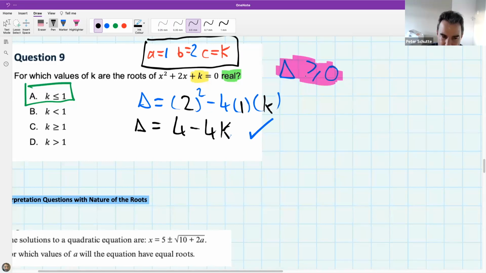So now, if the roots are real, delta is greater than or equal to 0. Give me a thumbs up if you understand this bit here. So when the roots are real, delta must be greater than or equal to 0.